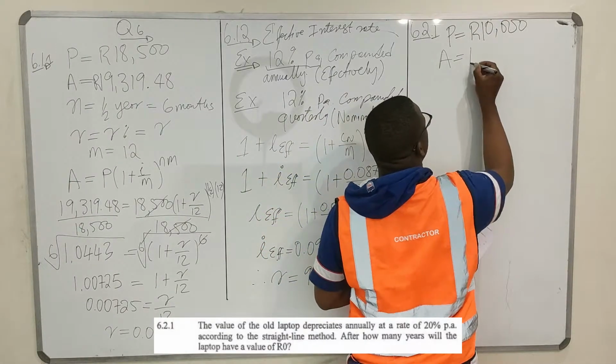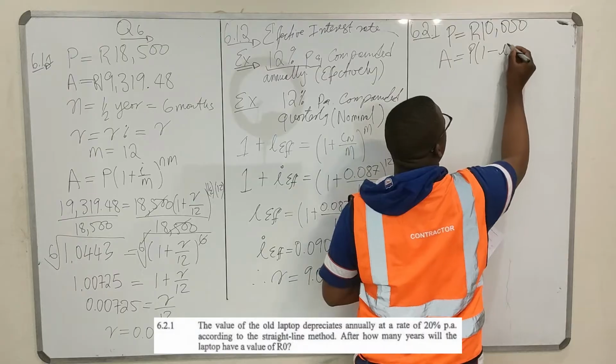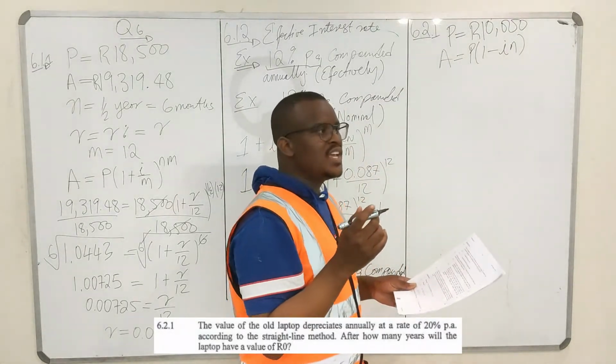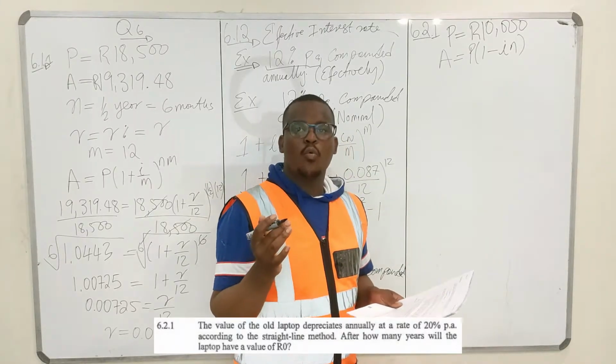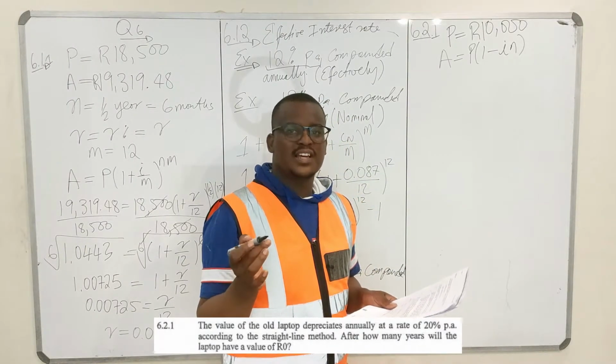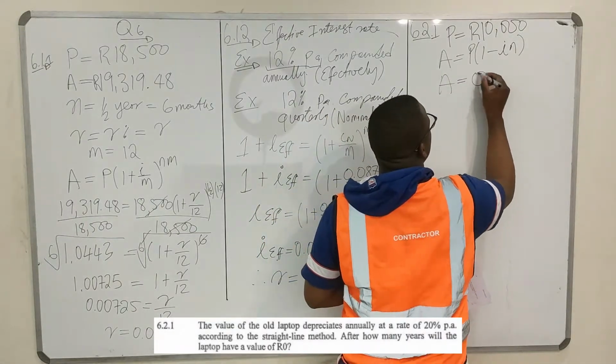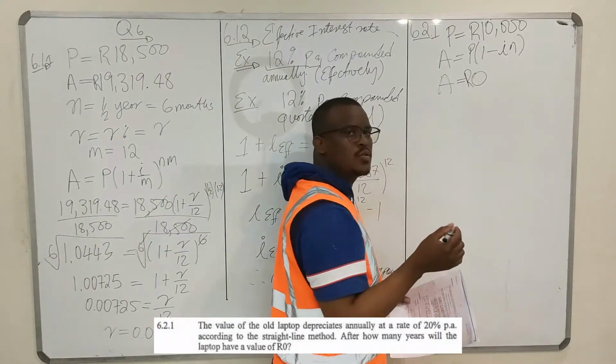So the straight line method has this formula, 1 minus in, right? They are asking you, how long will it take for this thing to have a value of what? Of 0 rands. We want this to have no value.